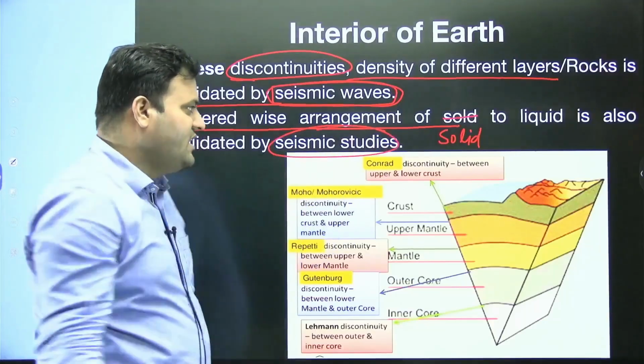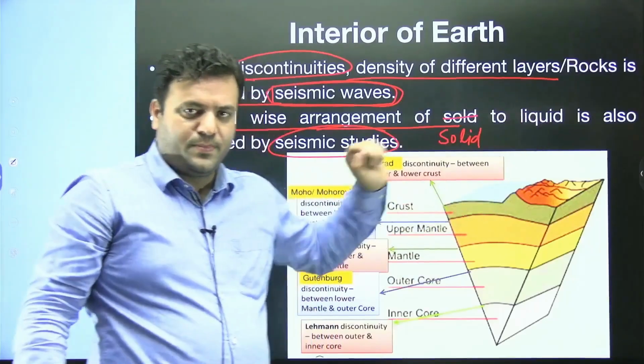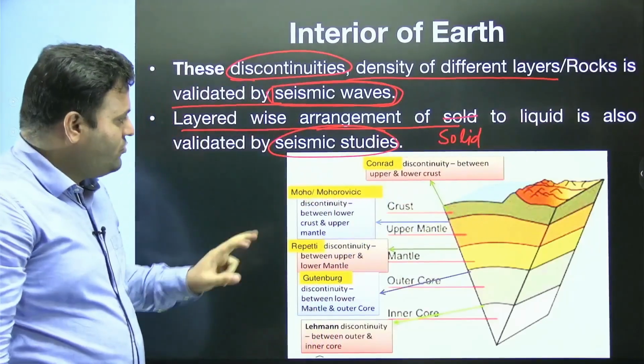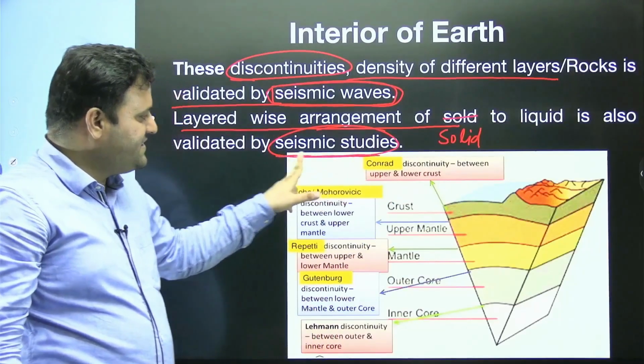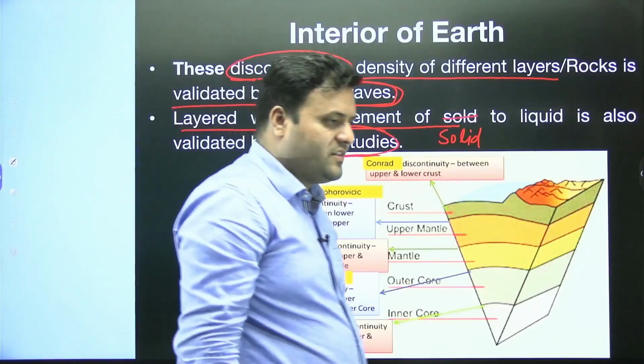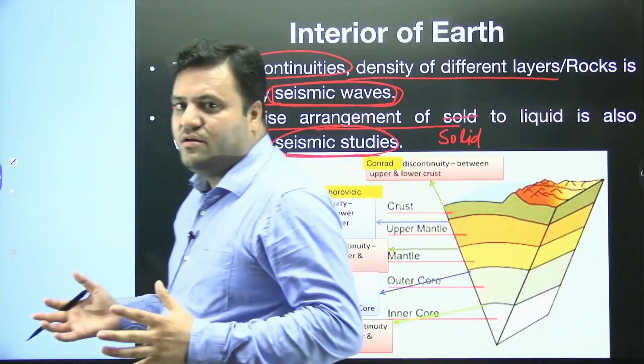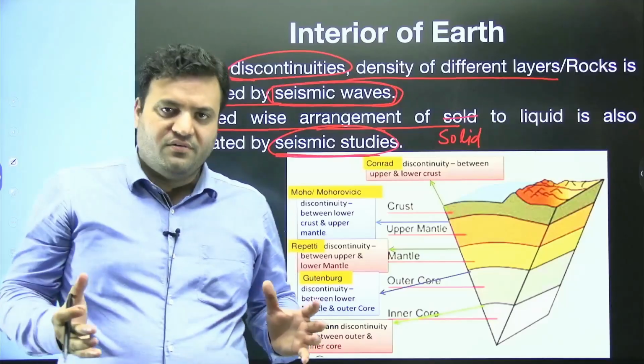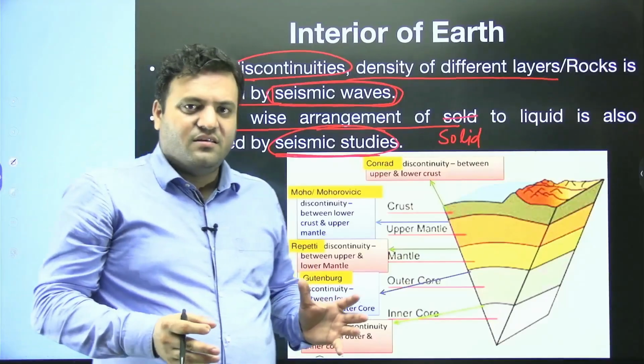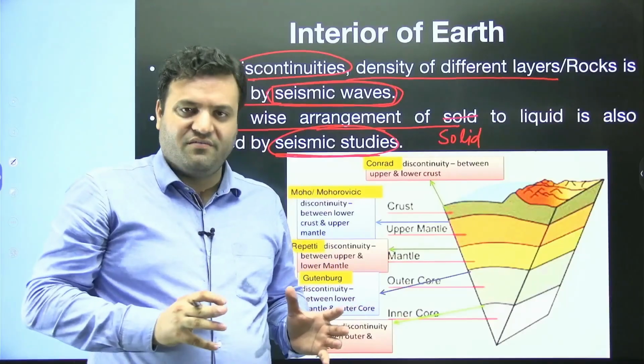Seismic studies. Liquid for outer core. So it is the behavior of seismic waves. Based on that, we used to say what could be the possible arrangement of our Earth's interior.